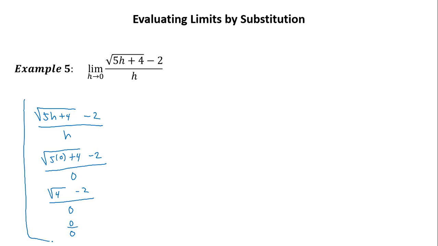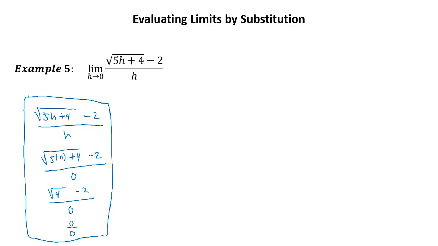So this one is an indicator that we have to try doing something else to the numerator and denominator and cancel some common factors. So how do we do that? For cases like this, a case that involves radicals, try to rationalize either the numerator or denominator depending on where the radical is located.